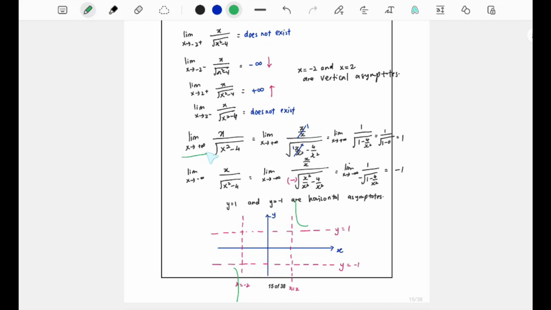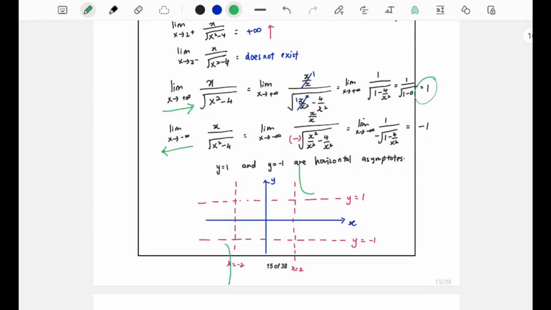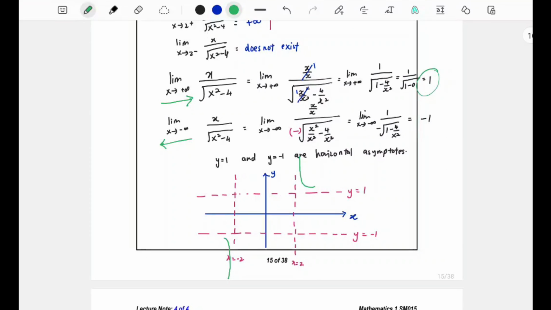As x approaches positive infinity to the right, it's going to approach 1. y equals 1 like this. When it's going to the left, it's going to approach negative 1. Like that. Okay?